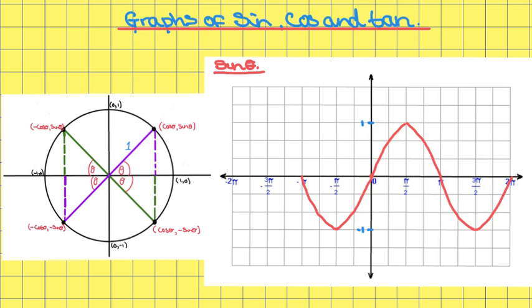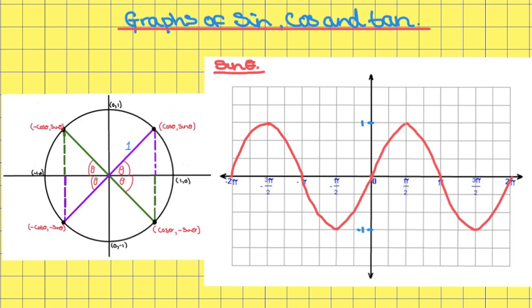Then it is positive and is rising as it goes to minus 3 pi over 2 degrees, or minus 270 degrees. Then it is still negative, but is going down towards 0 as you reach minus 2 pi or minus 360 degrees. We have drawn one complete cycle in the positive direction and one complete cycle in the negative direction.